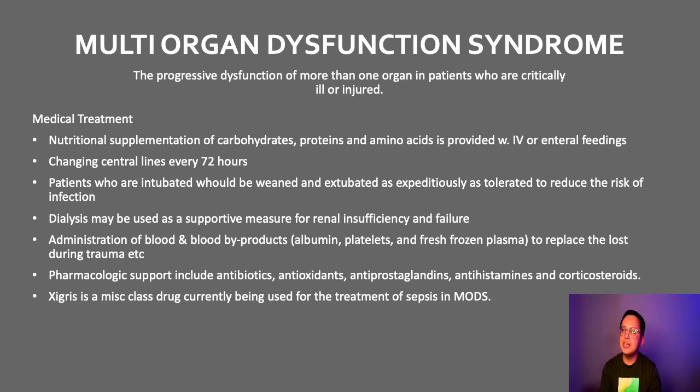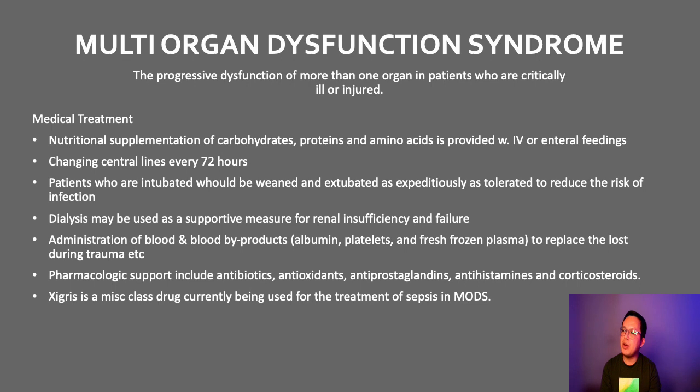Dialysis may be used as a supportive measure for renal insufficiency and failure. Because the kidney cannot filter, the patient is put on hemodialysis. Portable hemodialysis can be brought to the bedside.